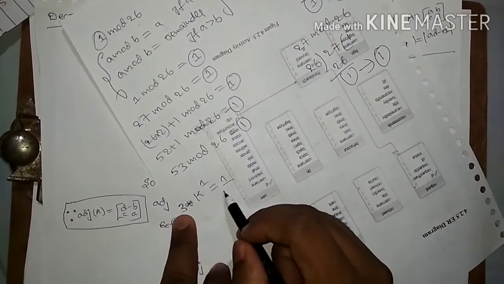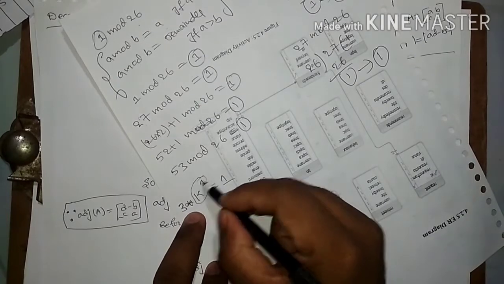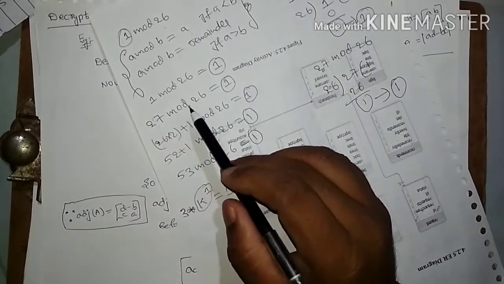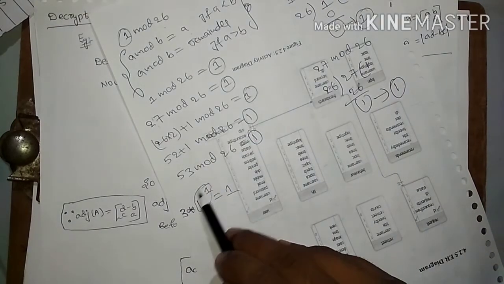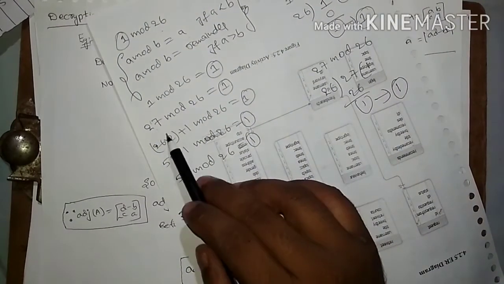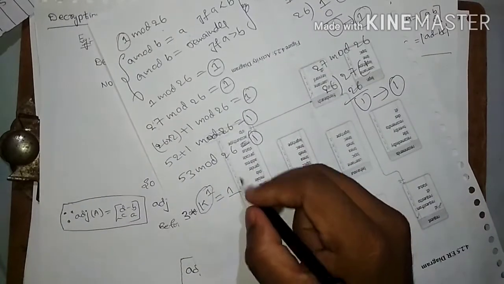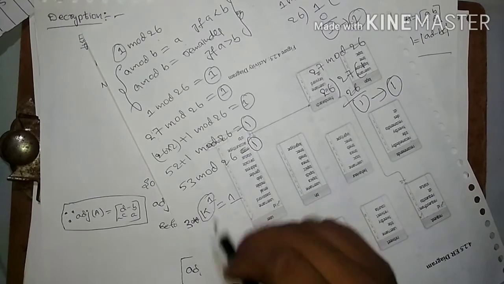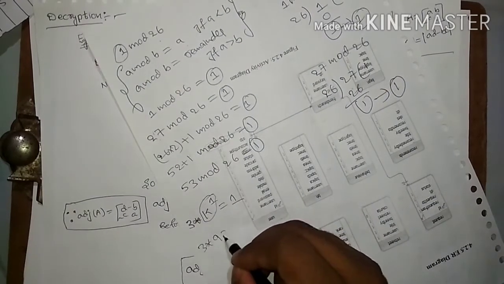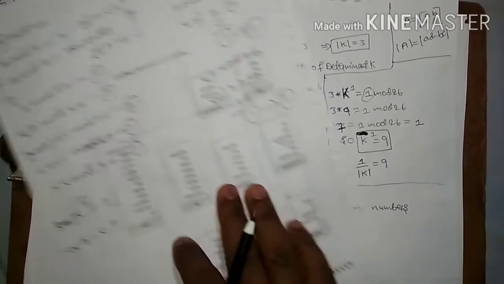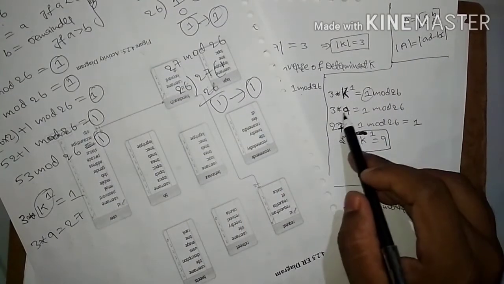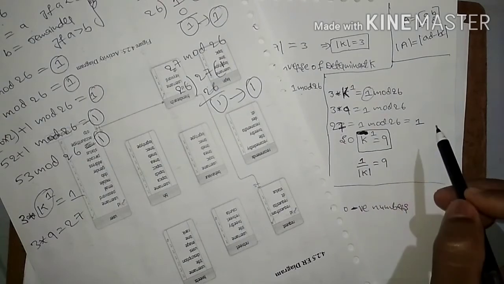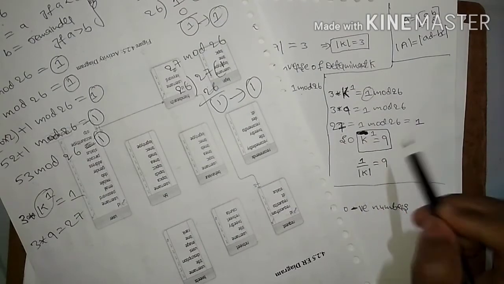So 3 into k dash equals 1, then the k dash value will be either 27, that means after multiplying we have to get 27, or 53. 27 is very easy, 3 into 9 equals 27. So here the k dash value will be 9. 3 into 9 is 27, and 27 mod 26 is equal to 1. So the k dash value will be 9.